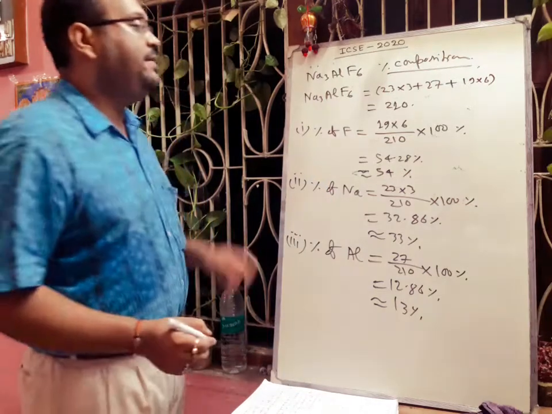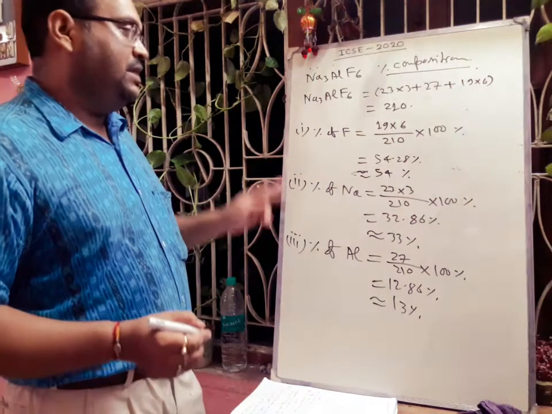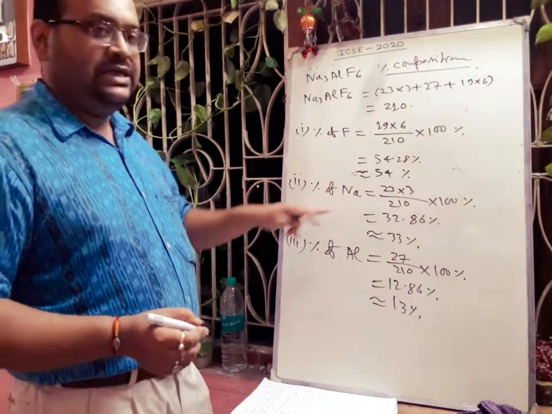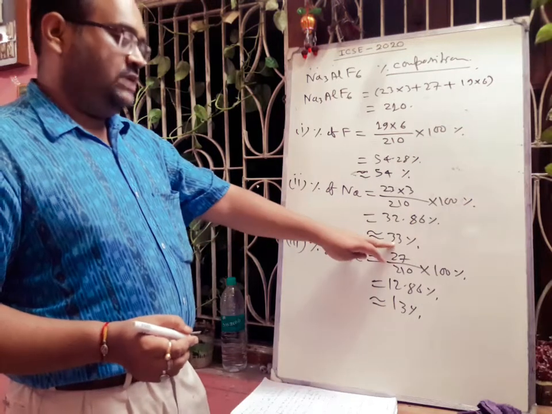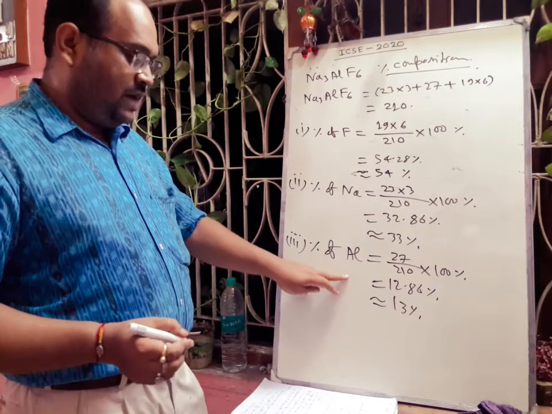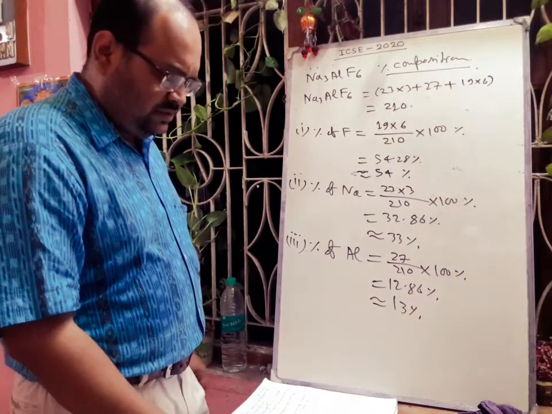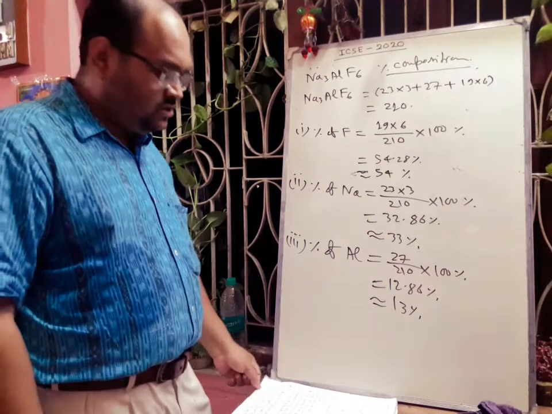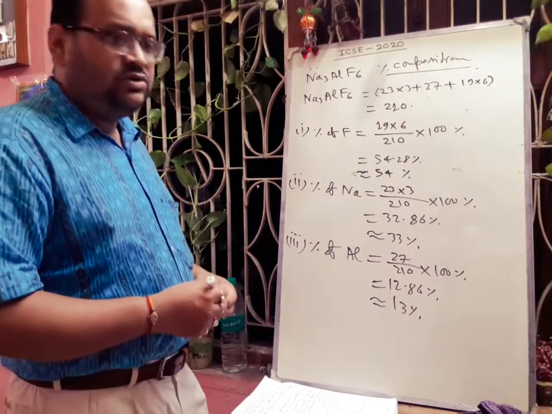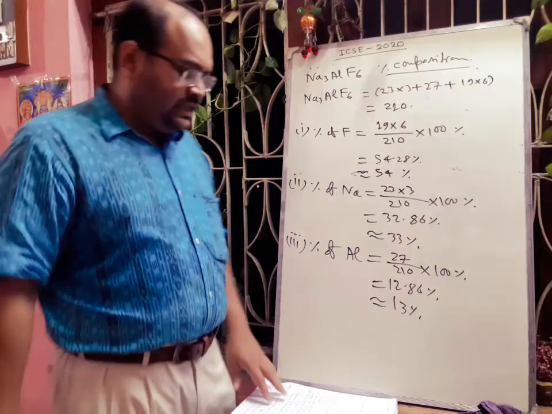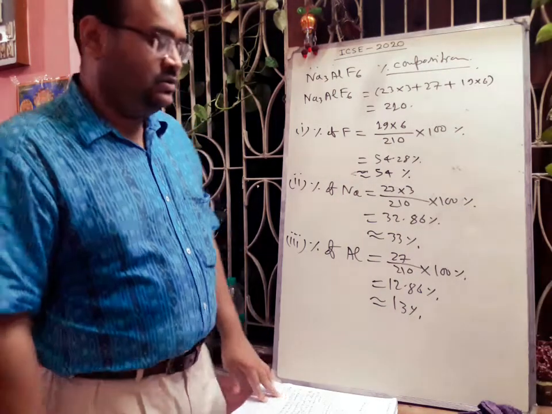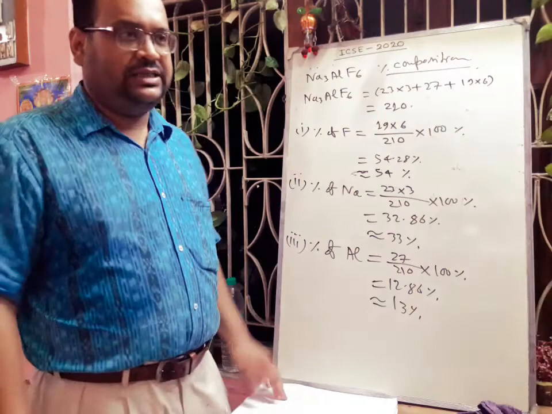So in this way, in Na3AlF6, the percentage of fluorine will be 54%, sodium 33%, and aluminium 13%. The total mark of this numerical is 3. So in this way, in the year 2020, 13 marks came. So you can understand how important the chapter is.